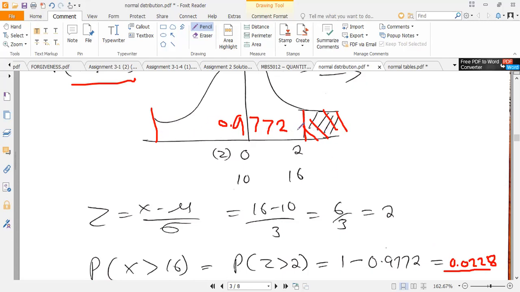If this is 97%, this is 2.2%. That is what it means.